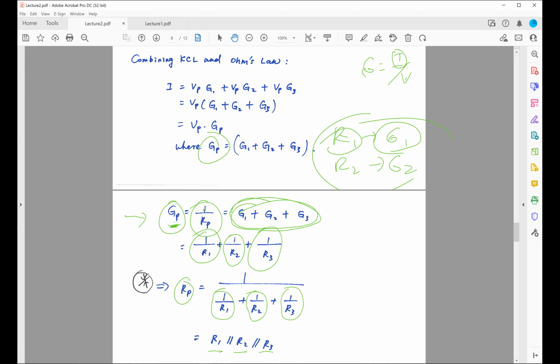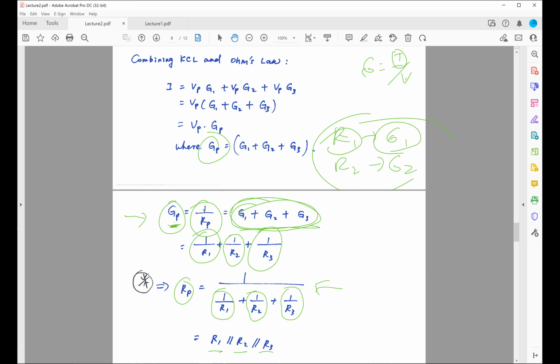So that is the reason why, depending on the context, sometimes it may be easier to work with conductance, right? Because all I have to do is take the summation, G1 plus G2 plus G3, instead of 1 over something plus 1 over something else and so forth. Mathematically, this looks a little bit more complicated.